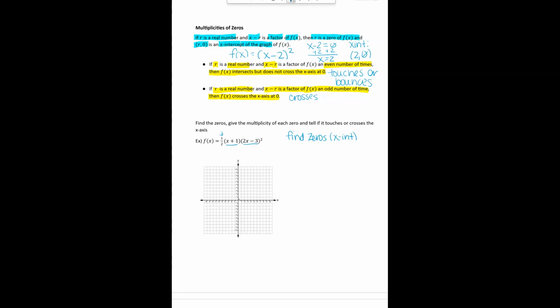Okay. So find x-intercepts, y equals 0. So we're going to take x plus 1 equals 0, 2x minus 3 equals 0. So x equals negative 1. Okay. His multiplicity was, where's my little orange guy? He has a little implied 1 there, right? So his multiplicity is 1.